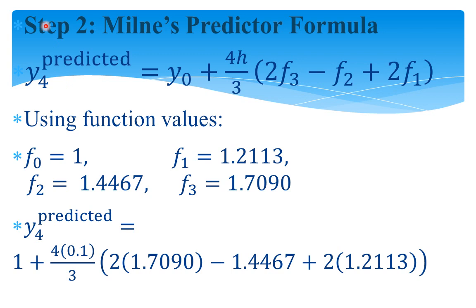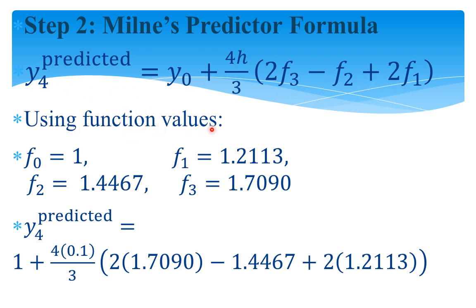Now step 2. Milne's predictor formula. y4 predicted equals y0 plus 4h upon 3 bracket 2f3 minus f2 plus 2f1. You know the formula is given; we put the value of n equal to 2, then we get this formula.